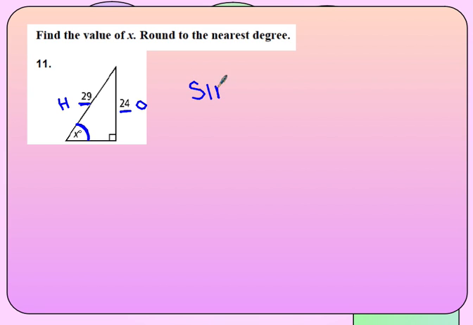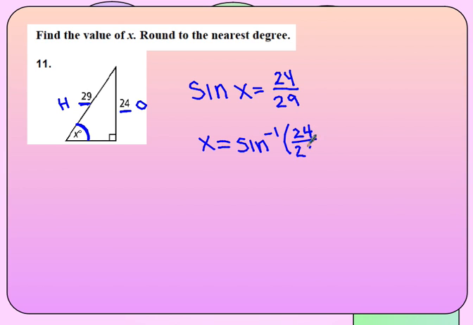So the sine value of x is going to equal my opposite, which is 24, over the hypotenuse, which is 29. To undo sine, you want to use sine inverse. So we're going to say that x equals the sine inverse of 24 over 29. And again, I'll show you how this looks in the calculator.